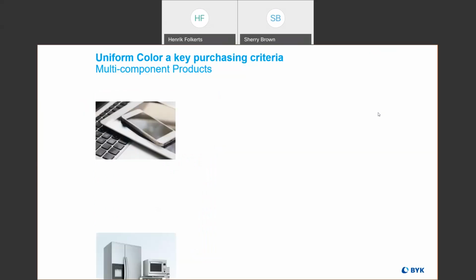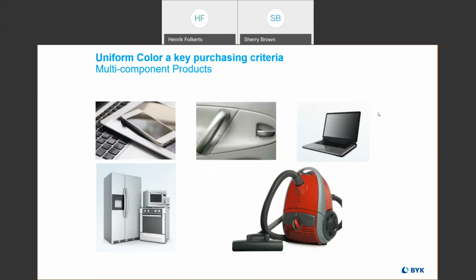Uniformity and consistency are key for consumer products. This is especially important for multi-component products, where you have different components that may be manufactured and painted in different locations, sometimes even by different companies, and then shipped to a central location to be put together, whether the final product is an automobile, a vacuum cleaner, or a laptop.